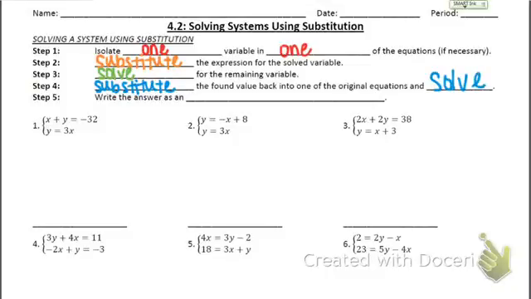So we're going to substitute the found value back into one of the original equations, and guess what? It doesn't matter which, and solve. And then these are actually graphs, so my answer should be an x comma y, which is an ordered pair. So you want to make sure that you always write your answer as an ordered pair, with parentheses, with a comma separating them. Okay?